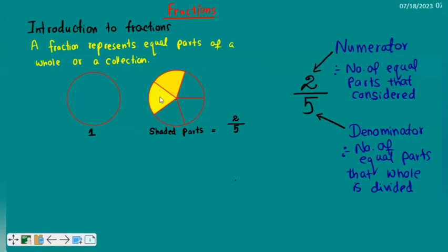That means the number of shaded parts. The shaded portion can be expressed as 2 out of 5. That means there were 5 equal parts, or we can say initially there was one whole thing. It is divided into equal 5 parts. Out of these 5 parts, 2 parts are considered.